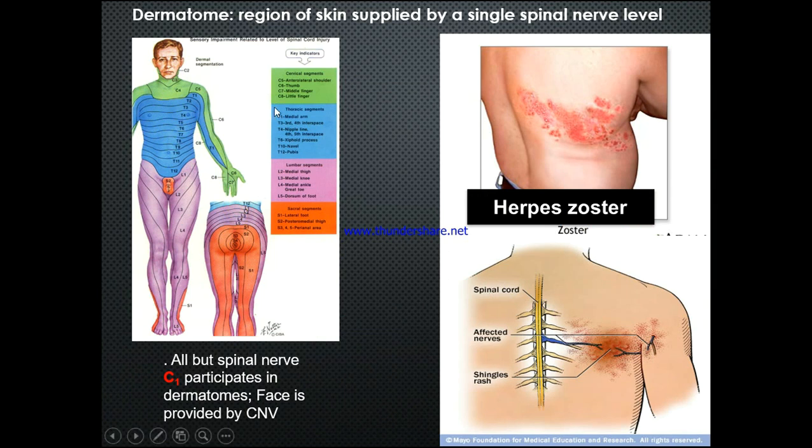So in this image we can just see a dermatomal region, and that is a region of skin that's supplied by a single spinal nerve.